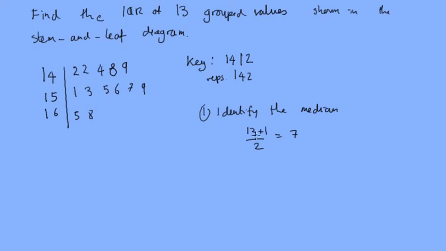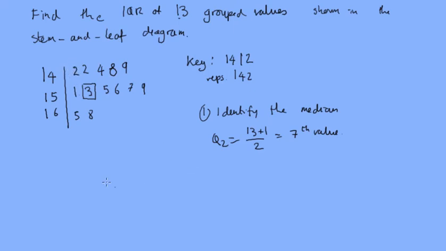So Q2 is going to be the 7th value. So let's go through them. That's 1, 2, 3, 4, 5, 6, 7. So this is our 7th value. Now because there's an odd number, we discard this and then we look at the lower half.